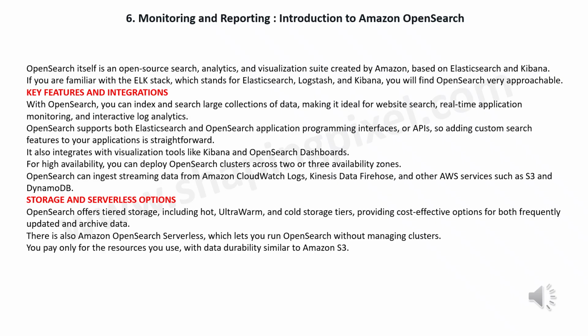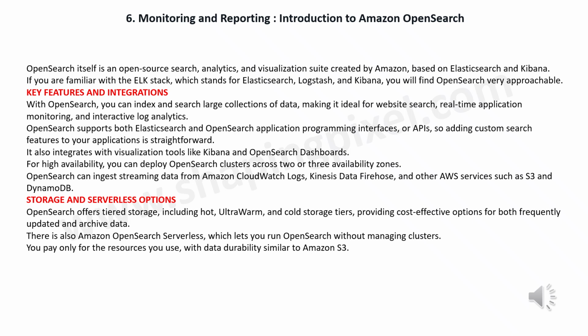Amazon OpenSearch Service is a fully managed search service from Amazon Web Services, or AWS. It is the successor to Amazon Elasticsearch Service and lets you deploy OpenSearch clusters with ease. OpenSearch itself is an open-source search, analytics, and visualization suite created by Amazon, based on Elasticsearch and Kibana.